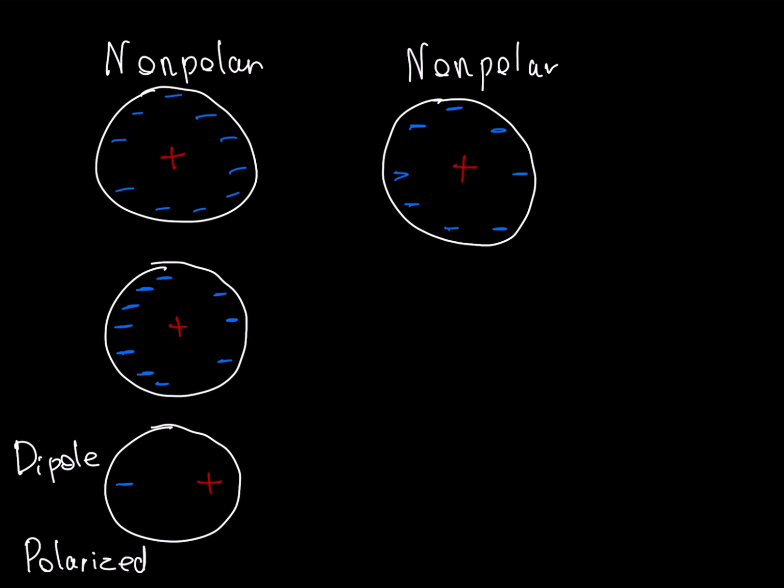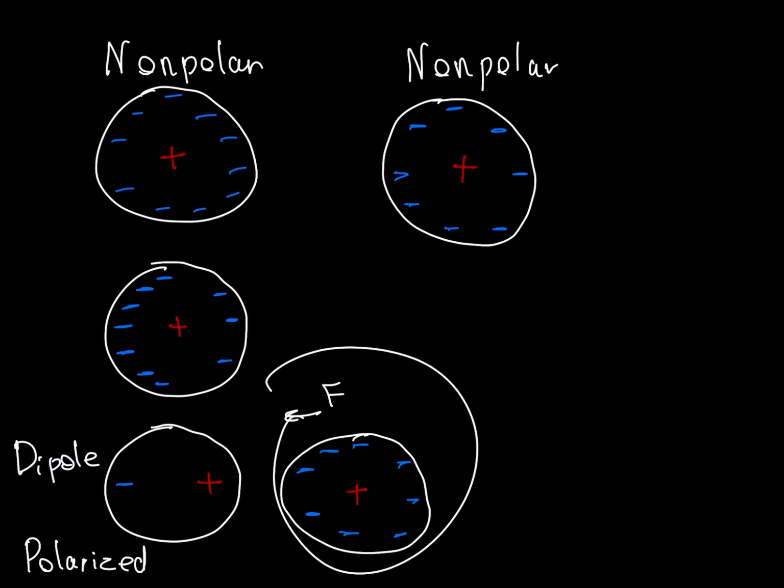And so when you have this type of atom that is temporarily polarized next to another nonpolar atom, what can happen is that the net positive charge on the right side can attract the electrons to the left. And so this atom can become polarized as well.